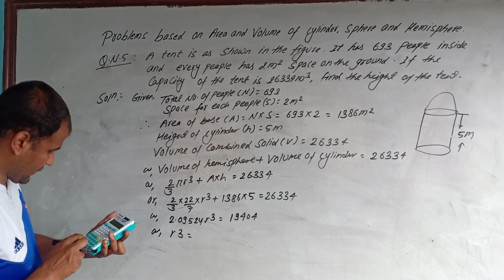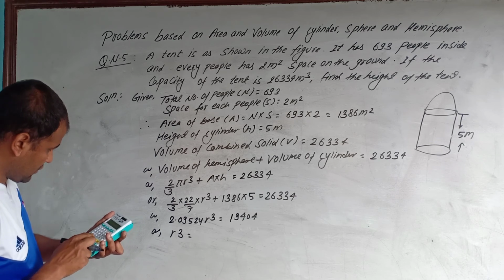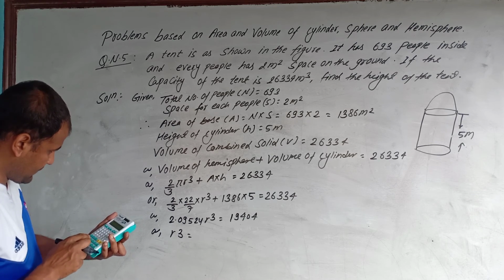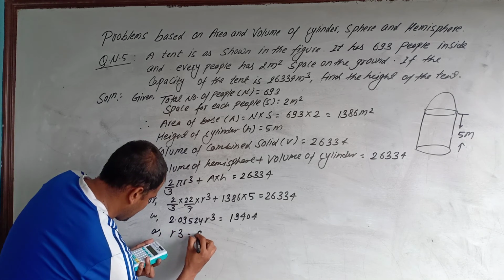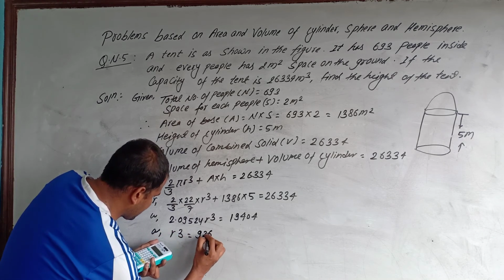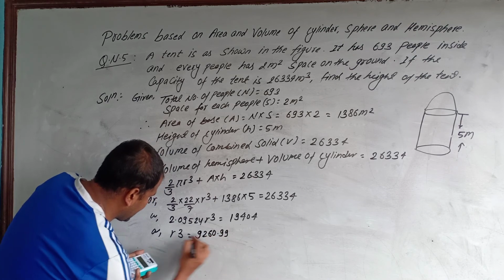Therefore r cube is equal to 19404 divided by 2.09524, that is equal to 9260.99.